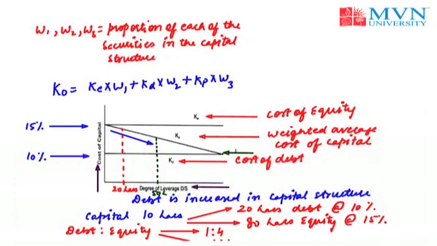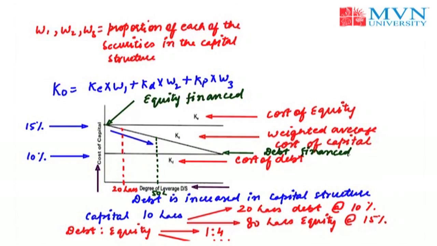This point shows that the company has raised all of the capital just by raising the debt funds. However, this point denotes that the company is totally equity financed. And as I have told you, this point denotes that the company is altogether a debt financed firm.